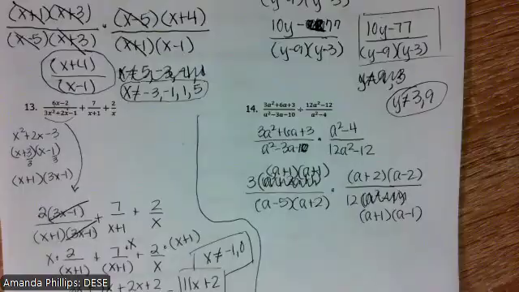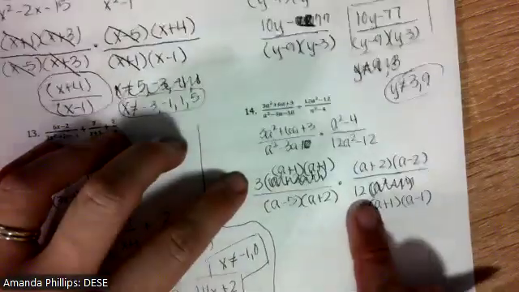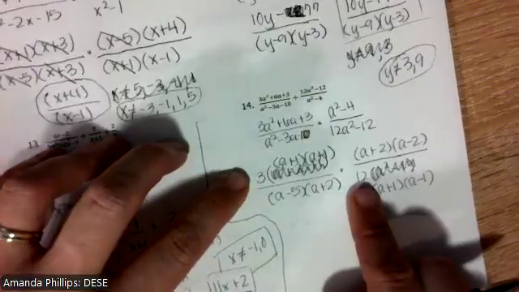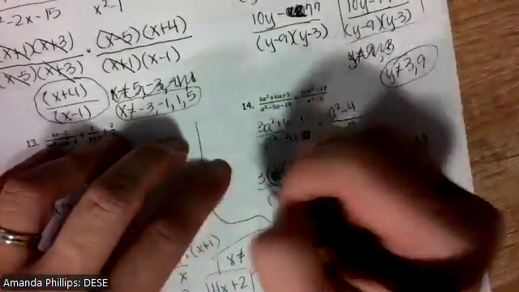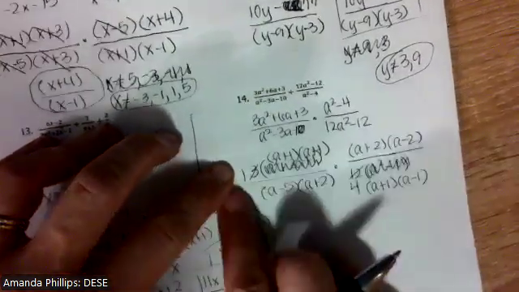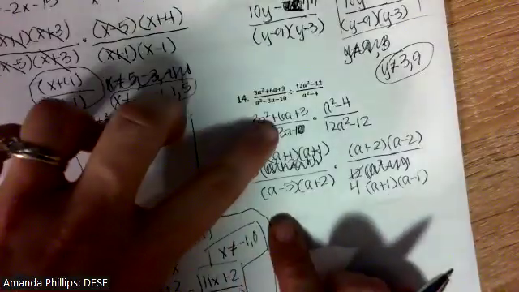Okay, so this is where I'm getting ready to cancel. If you notice, I have a 3 that can share factors with 12. So 3 goes into 3 one time, and 3 goes into 12 4 times. I'm completely factored as low as I can go here. A plus 1.